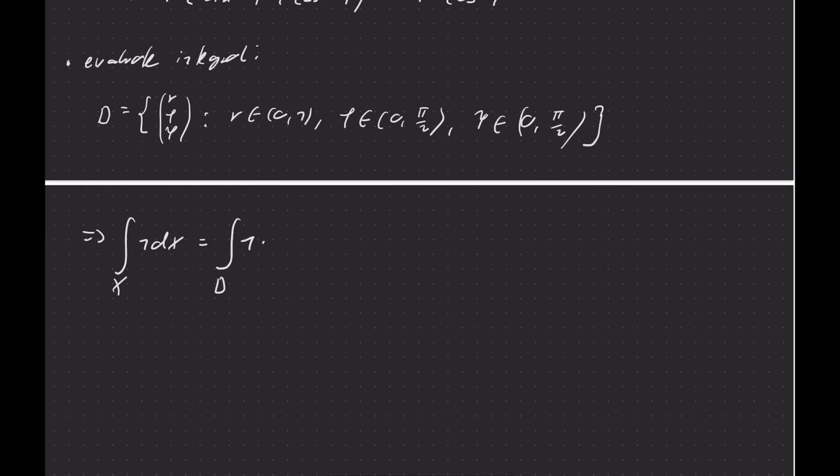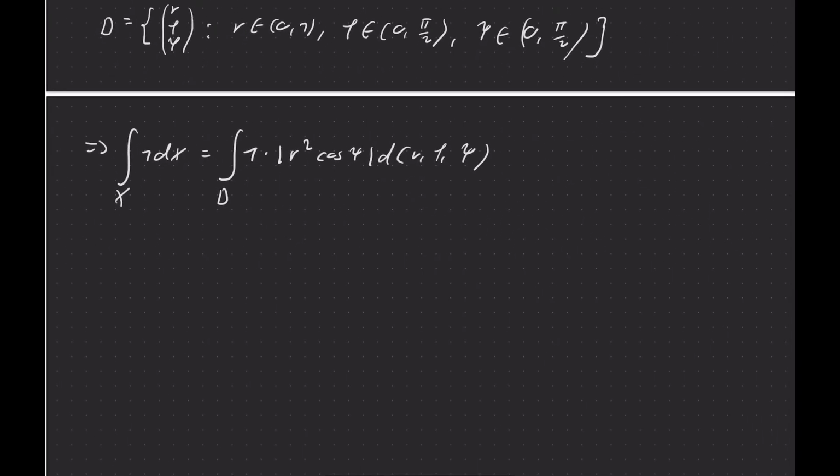So all we have to do is multiply this with the absolute value of r squared cosine psi, and then integrate this dr dphi dpsi. So what this amounts to is a triple integral. We integrate r from 0 to 1, phi from 0 to pi over 2, and then psi from 0 to pi over 2.